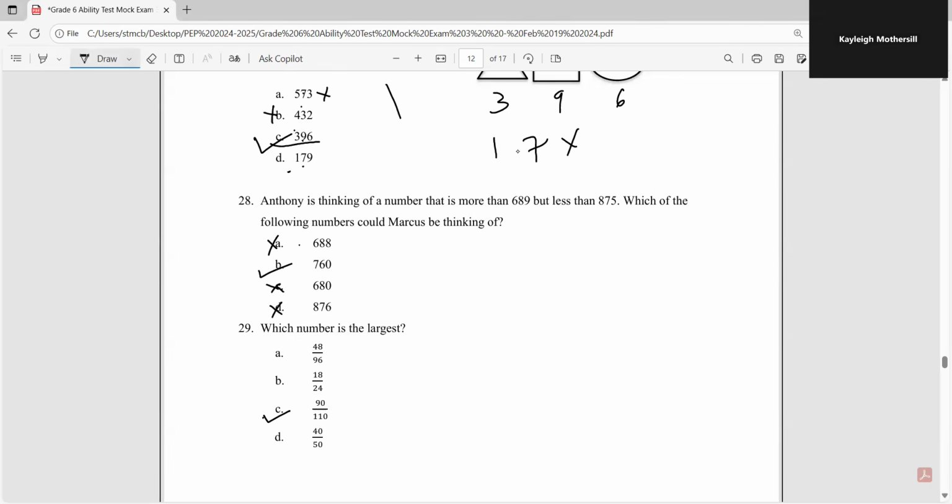Now if you look at D, you would see that it's 40 over 50, but it's still not the biggest fraction. So if you go to C, you would see 90 over 110, which would be the answer.